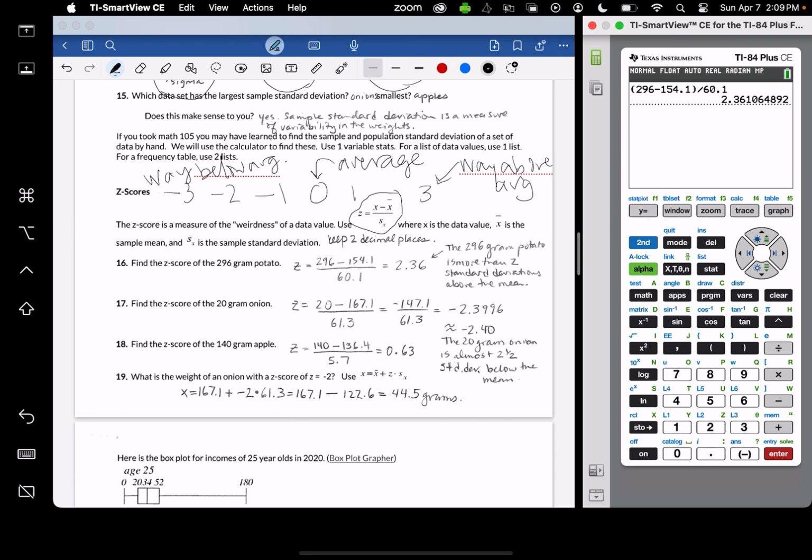So this potato is way above average. It is a z-score of 2.36. So it's more than 2 standard deviations above the mean. The 20-gram onion is super tiny. So to get its z-score, we take 20 minus the average onion weight, and then we divide by 61.3.